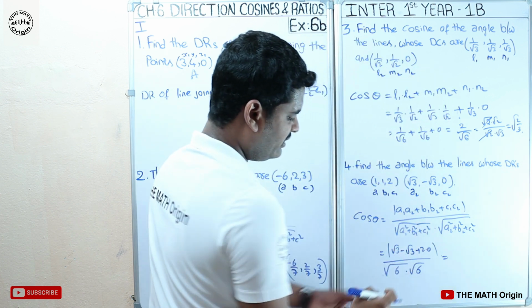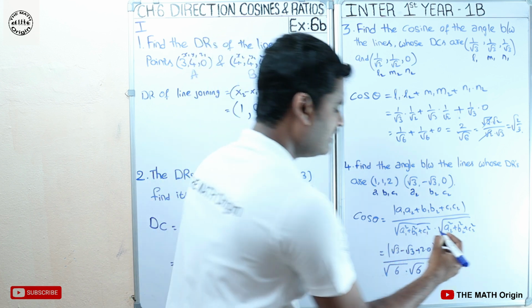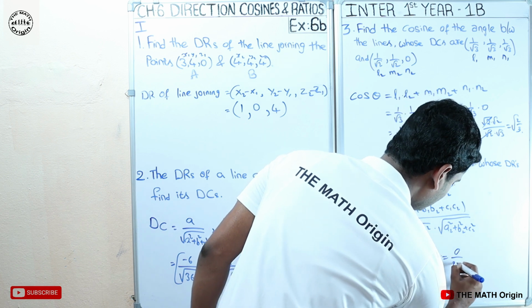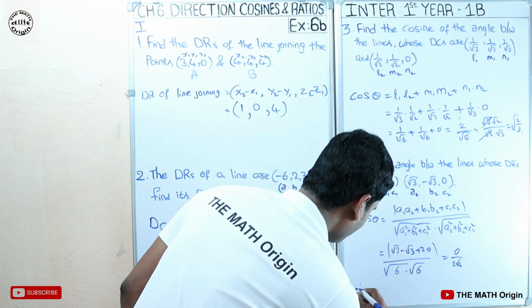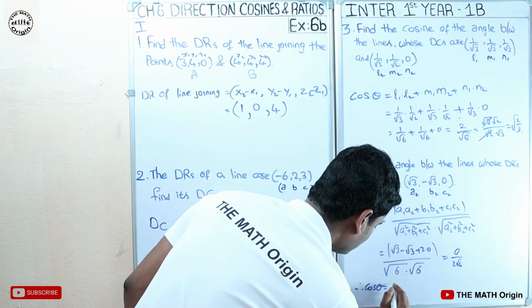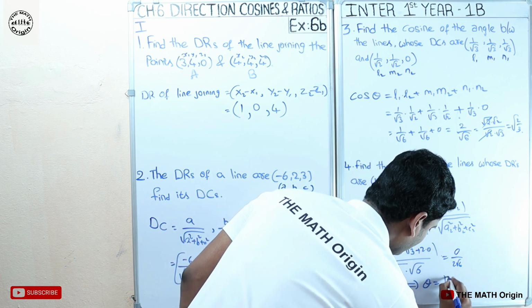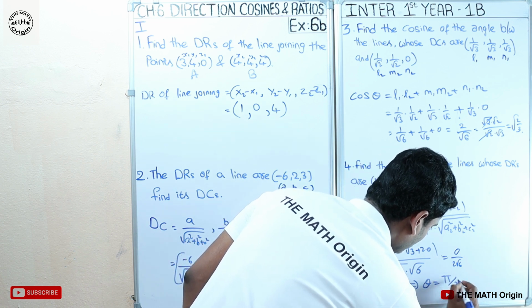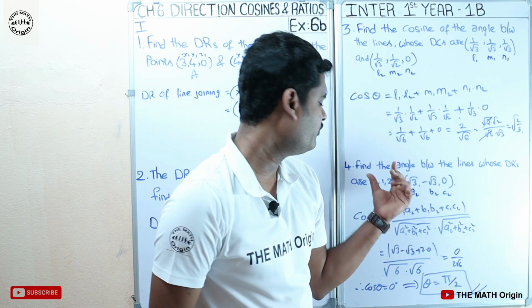Therefore, if you see the numerator, √3 minus √3 plus 0, which is 0, by some value, which is 2√6. 0 by any value will be 0. Therefore cos theta is equal to 0 degrees, therefore theta is equal to pi/2. Therefore here ends our fourth question.